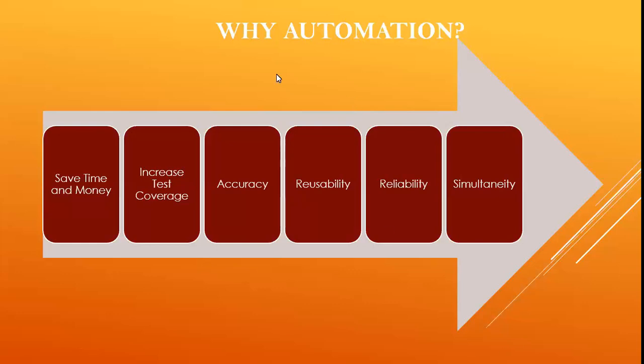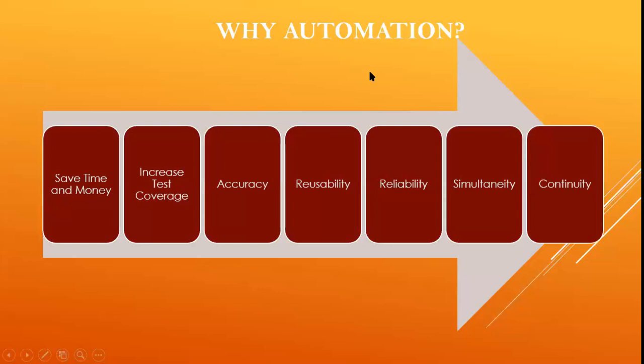And the last one is continuity. In automated testing, automation engineers can see exactly what other engineers have done, what scripts they have already written, what tests have already been performed, and what bugs were already found and fixed through clear reports. So these are the main benefits of automation. Nowadays every company and every client wants automation because of these reasons.